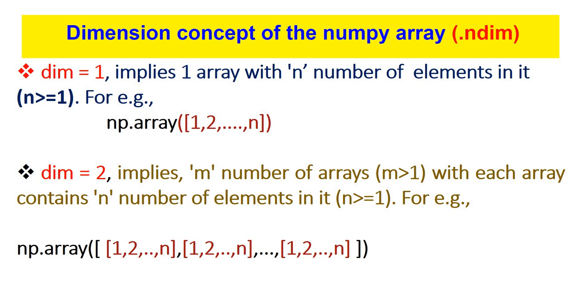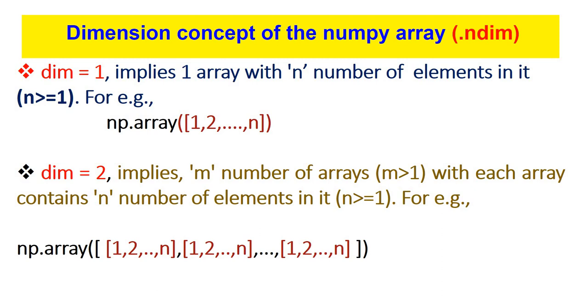Now, to make the concept of dimension clearer, let's think that dimension is equal to 1. That means dim is equal to 1. It implies one array with n number of elements in it. For example, the continuous data flowing in from a temperature sensor, each represented like 1, 2, 3 up to n.